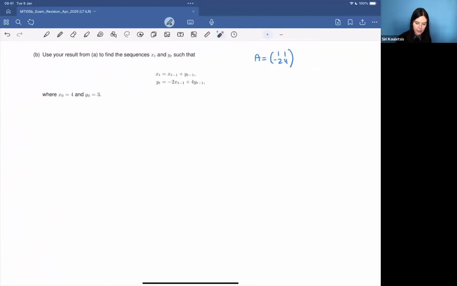And you can see these coefficients here appearing in this system here. We're going to write that down now. So we want to use the result from part A to find the sequences xt and yt such that this system below is satisfied, where x0 equals 4 and y0 equals 3.